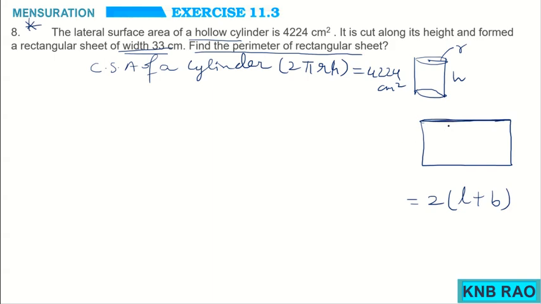Here I have to find, with the help of this 33, rather than taking H as 33, if I take this sheet portion as the length, 33 centimeter, then how has that length come?